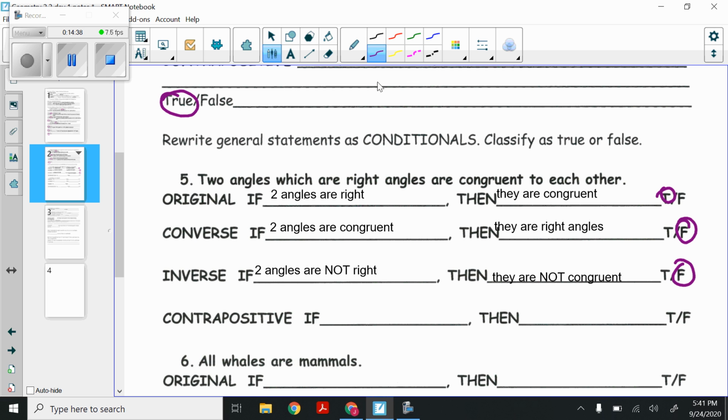And so then we want to write the contrapositive. Okay. So the contrapositive would say if two angles are not congruent, so we take our converse and put the nots in.